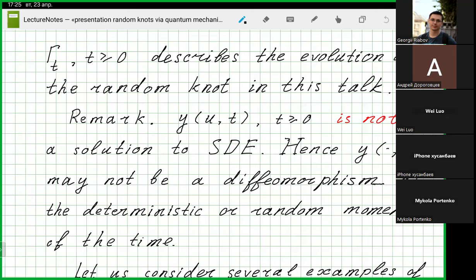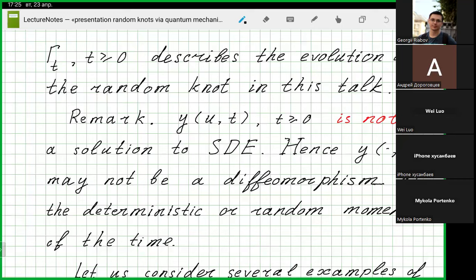You remember one of the beginning and main theorems from ordinary differential equations and from stochastic differential equations, that when we have good coefficients, then the solution is a flow of diffeomorphisms. So I want to exclude this. Why?